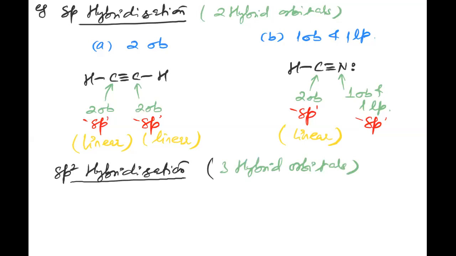In 3 hybrid orbitals, again, we can have either 3 sigma bond, or 2 sigma bond and 1 lone pair, or we can have 1 sigma bond and 2 lone pair. So in all cases, we should have sp2 hybridization.